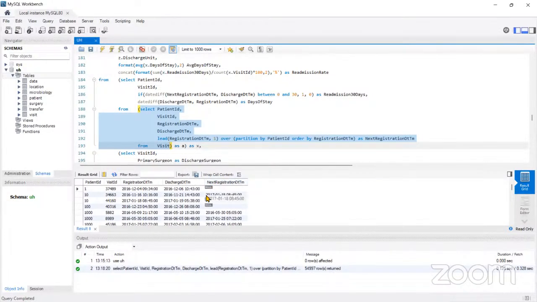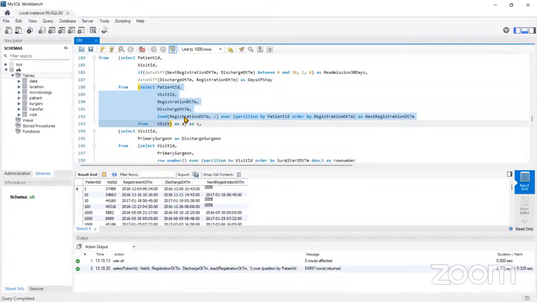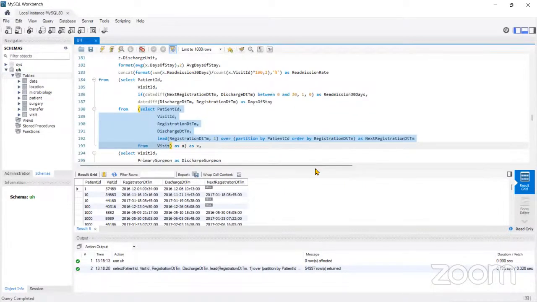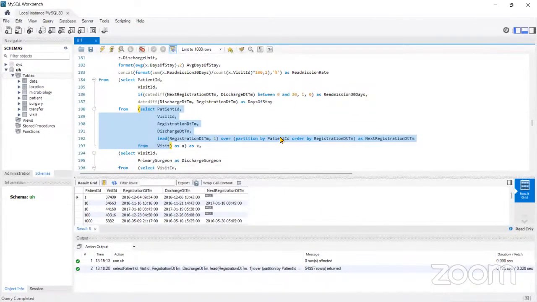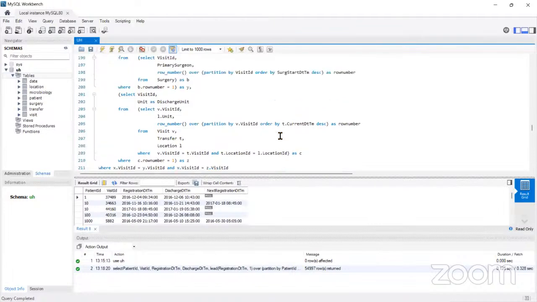Why do we do this? We need this to minus the discharge day. The difference between these two, if it's less than 30 days, then it's a readmission, right? So everything starts from there. And as I told you before, if you take steps, this question becomes doable.